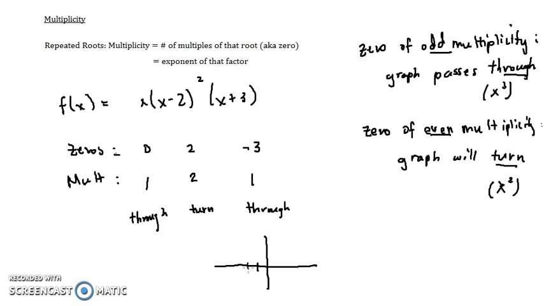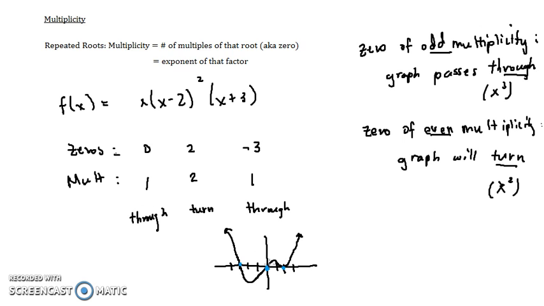So what this graph ends up looking like, give me a second to draw it out, it looks like this. Okay, it kind of looks like a warped W. All right, and let's see if we can match up what's going on here. So we've got zeros at 0, 2, and negative 3, so that matches what we were expecting.